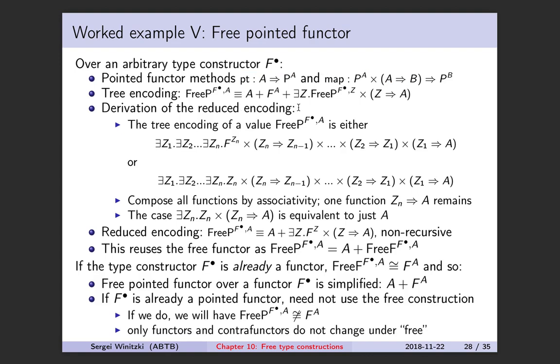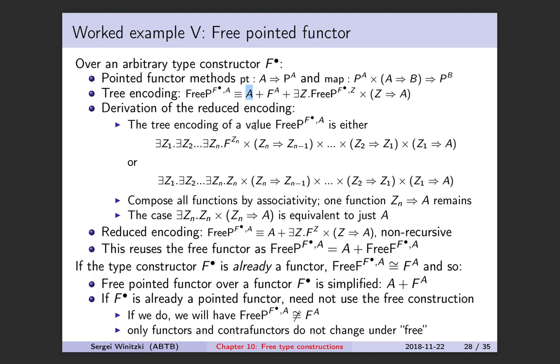To derive the reduced encoding, we need to do a bit more work. We see what kind of expressions can be found by using this definition. So we take the tree encoding and reason about it. So either we take an A and apply a bunch of maps to it. So we first apply point to some value, we get a value of type A, and then we apply some maps to it.